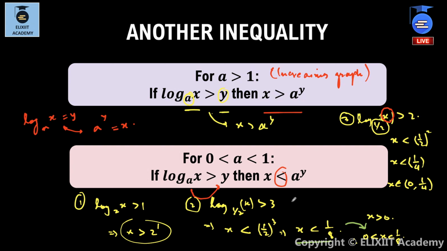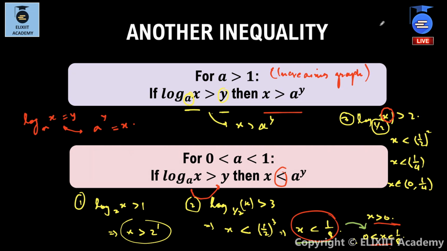Actually, what we are doing over here is, can you understand what we are doing over here? X is more than 0 and we are getting x is less than 1 by 8. From these two parts, actually we are concluding x lies between 0 to 1 by 8. Why we are doing this thing?